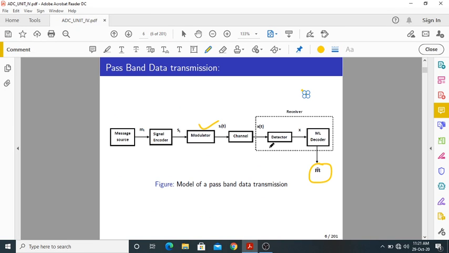I told you already, vectorization happens. Input to the detector is x of t, output is capital X, a vector. Capital X is a column matrix containing x1, x2, up to xn, the outputs of each and every one of the N correlators. So this detector is also called a demodulator.